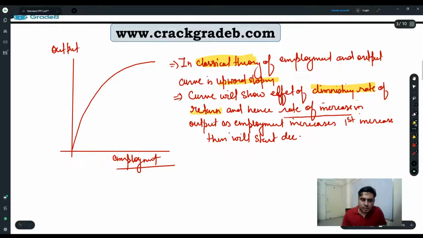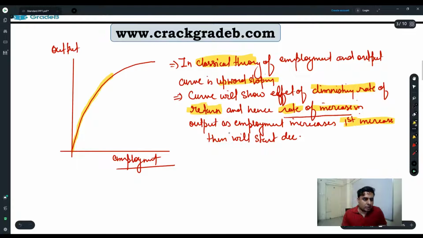So with diminishing rate of return, what will happen? I'm talking about the rate of increase. The rate of increase is very high here, till here it is an increasing rate. Then when the diminishing rate impact comes, output and employment first increase.